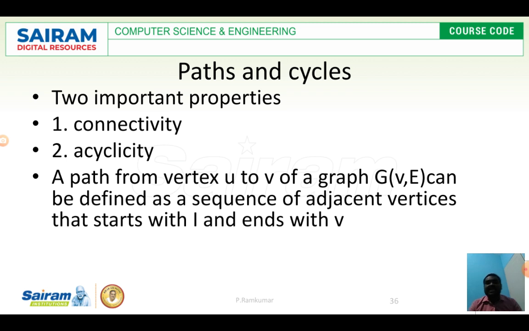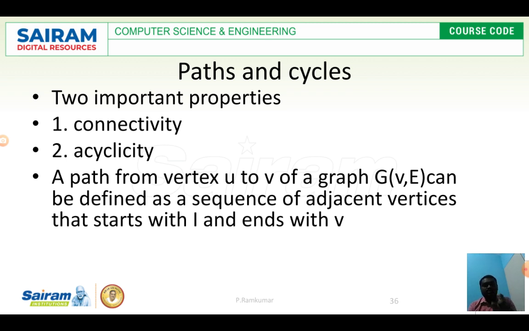Then paths and cycles. There are two important properties: one is connectivity and the second one is acyclicity. A path from vertex U to vertex V of a graph G equal to (V, E) can be defined as a sequence of adjacent vertices that starts with U and ends with V. For example, 1, 2, 3, 4. 1 and 2 are connected, so it will be represented within brackets as 1 comma 2. 2 and 3 are connected, so 2 comma 3. 3 and 4 are connected, so 3 comma 4. 4 and 1 are connected, so 1 comma 4.